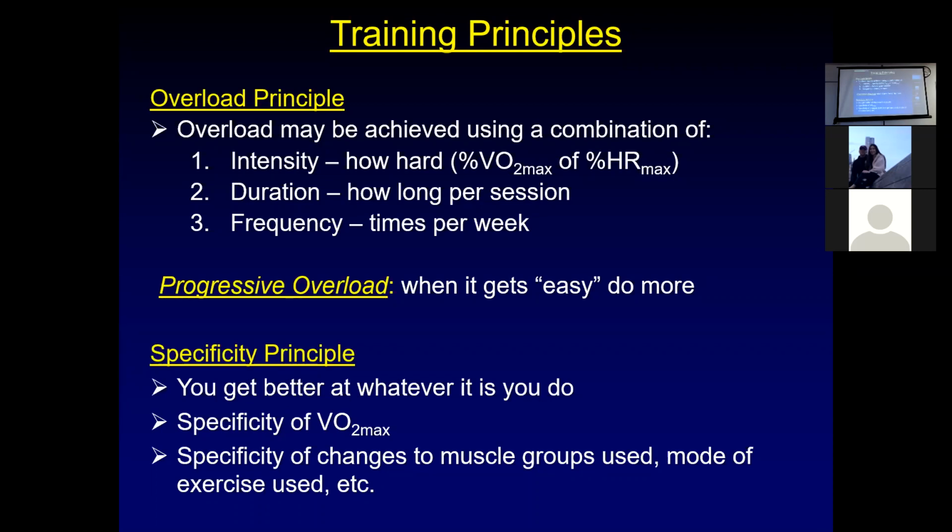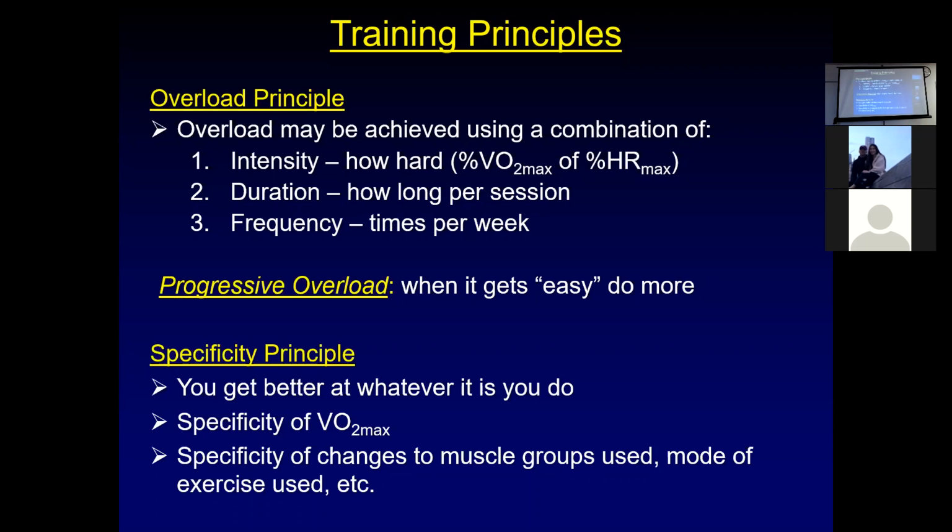Again, progressive overload is this simple idea that as we do this for a little while, it's going to become easier for us. And as it becomes easier, we need to go back and increase one of these things again. Okay? That's the virtue of using percentage of VO2 max or percentage of heart rate max or percentage of heart rate reserve to quantify intensity.